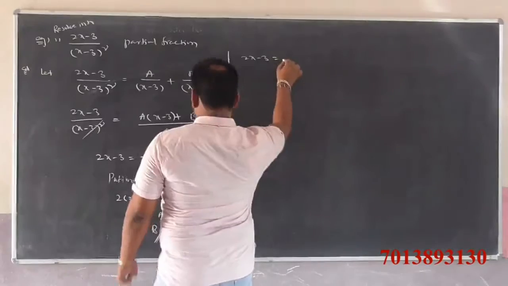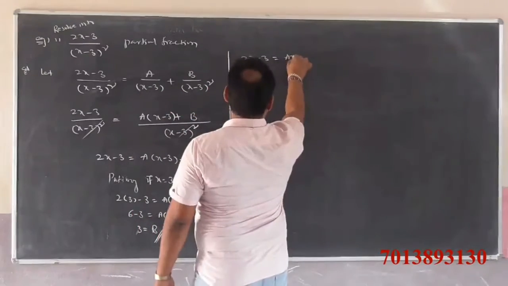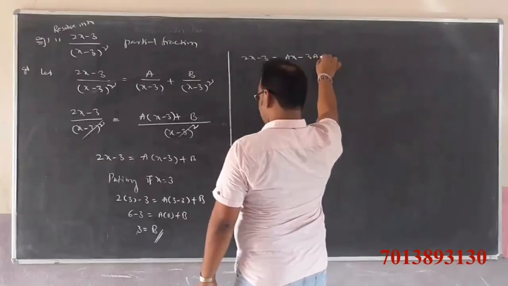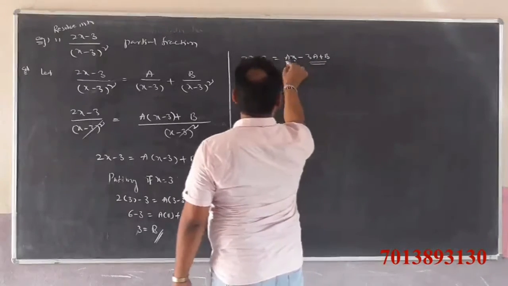2x minus 3 is equal to, if you multiply here, Ax minus A into 3, that is 3A, plus B. This is the constant, and this is the x coefficient.